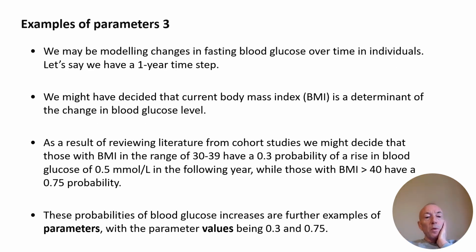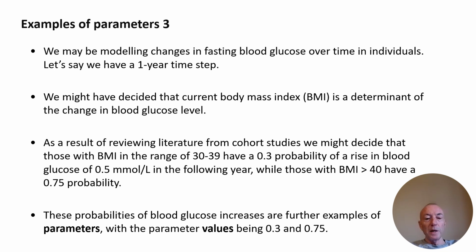So, for example, we may be modelling changes in fasting blood glucose over time in individuals. Let's say we have a 1-year time step in our model. We might have decided that current body mass index, BMI, is a determinant of the change in blood glucose level.